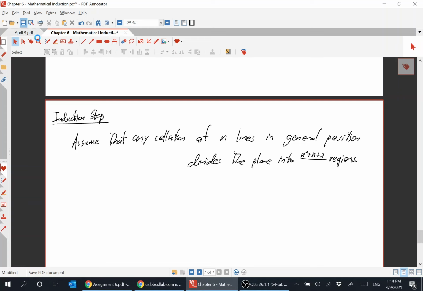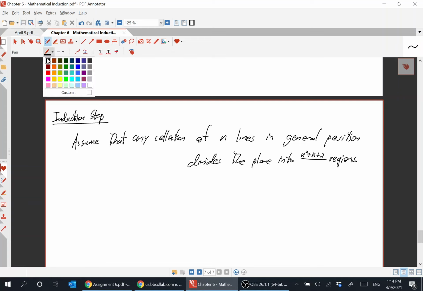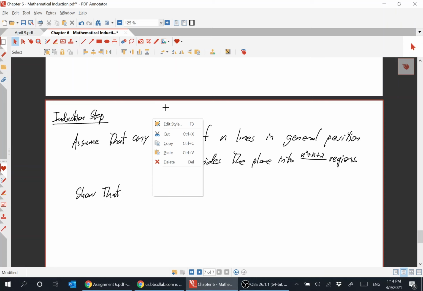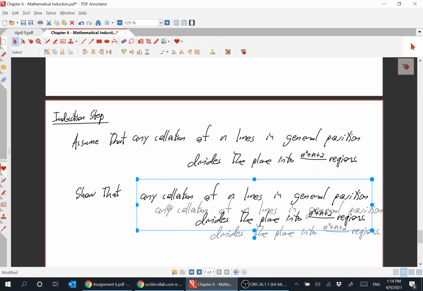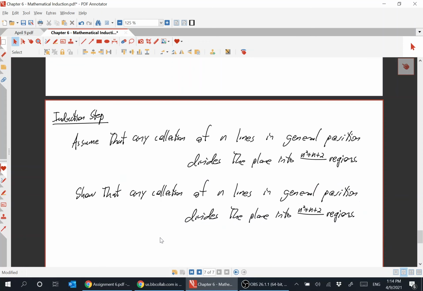Now we want to show that what? Right, that statement there is Pn. And we want to show Pn plus 1. Oops, there should be a 2 there. Well, how do you get Pn plus 1?